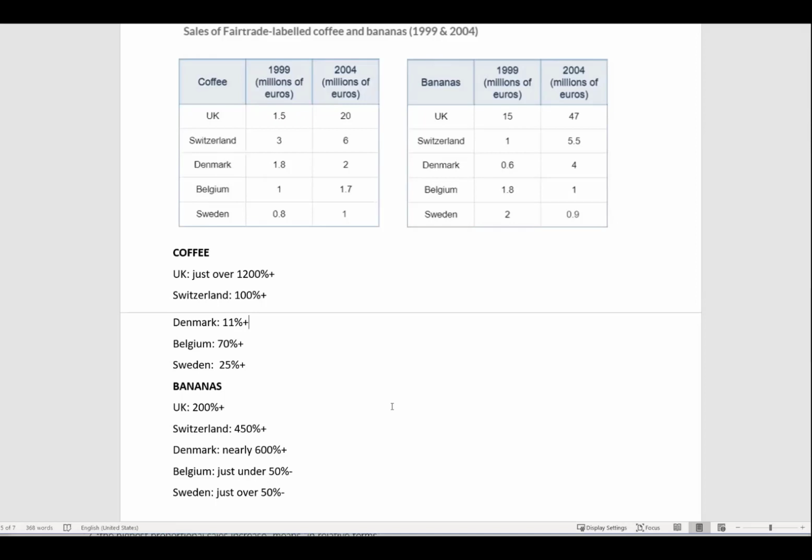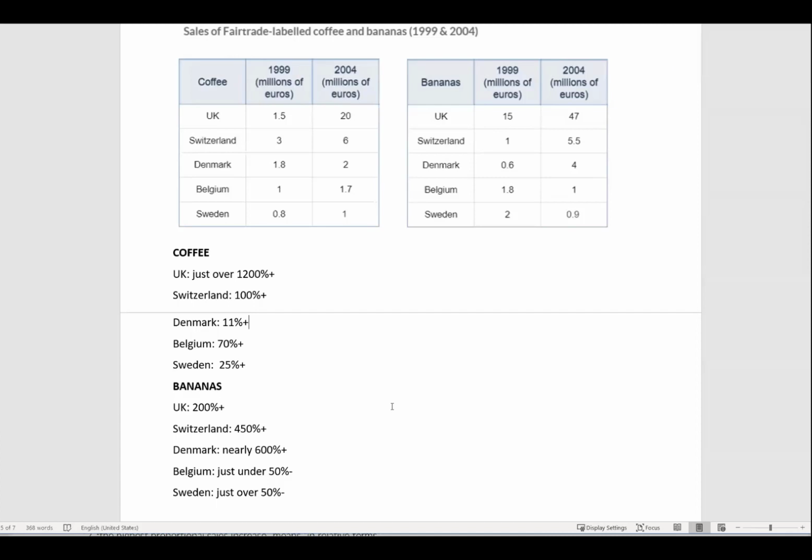Don't overthink it. You don't have time to think. It's just, what do you notice? What are the big patterns? Whenever you're approaching these graphs, talk about the most obvious noticeable things: the biggest increase or the smallest increase, the biggest drop, the smallest drop, things that didn't change, things that are outliers that have weird values. Those are the noticeable things.